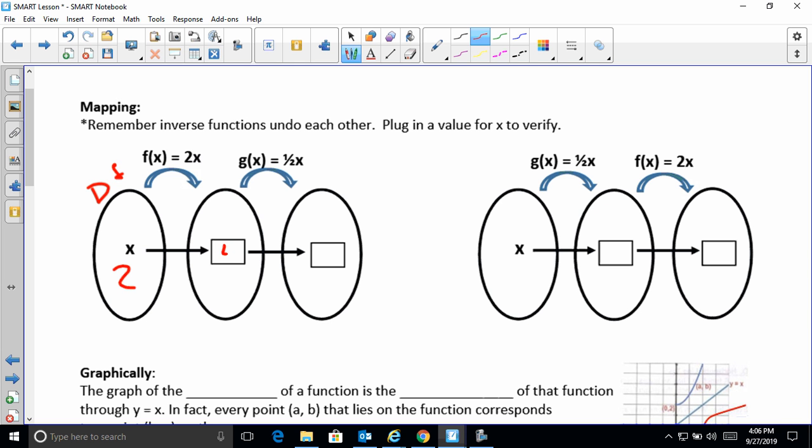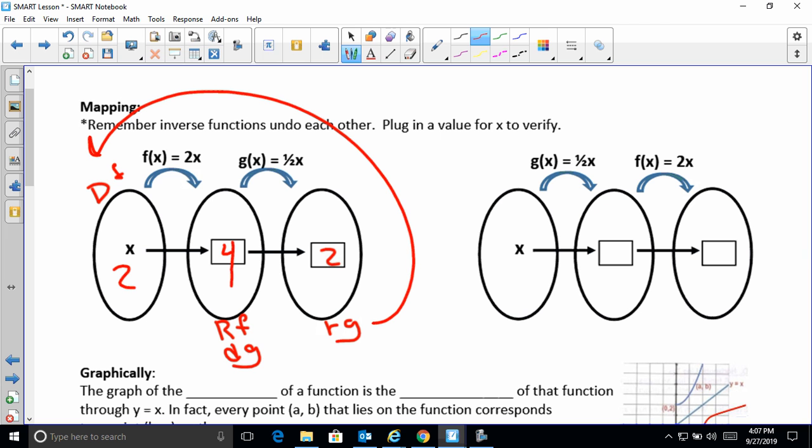I get a 4. Now that range of f is my domain of g. If I plug that into g, 1/2 of 4 is 2. That's my range of g, which is the same as my domain of f. Remember how I said that at the beginning and it sounded like, is that true?